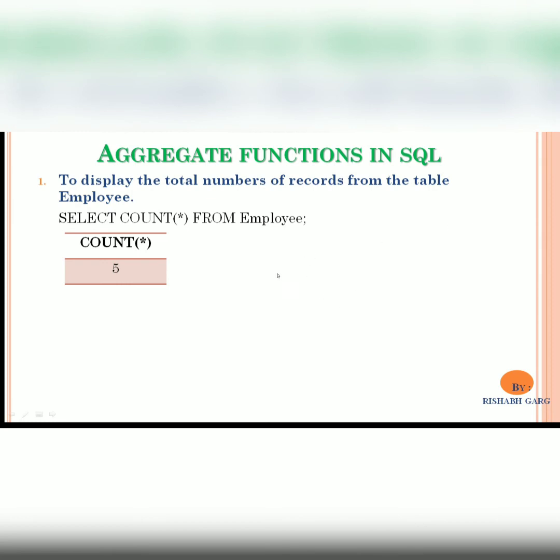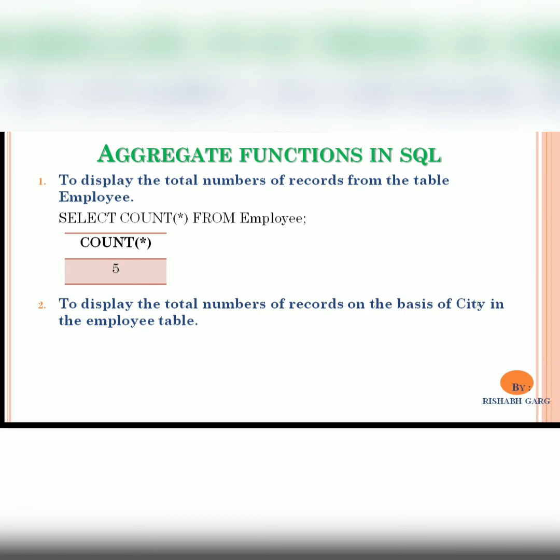After executing this command, it will display the total number of records available in the employee table. Suppose we want to perform another query, that is to display the total number of records on the basis of city in the employee table. For this, we will execute the following command. First, we will write the select statement. After that, we will use the count function. Then after, we will write the field name, that is city, because we want to count the total number of records available in the city field from the employee table.